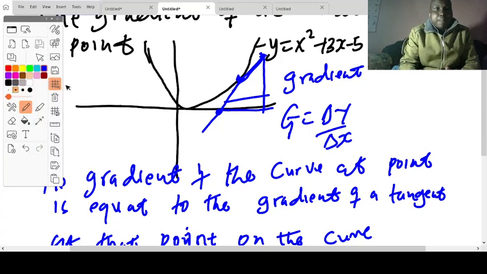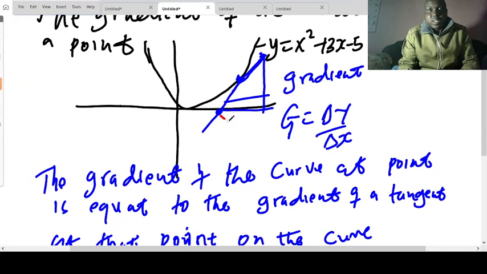If, for example, this point here is (0, 5), and this point here, because when you draw a tangent, you need to read the values from the Cartesian plane. So I will read this point here, which will be, for example, 7 on the y-axis, and the x-axis will be, for example, 10.